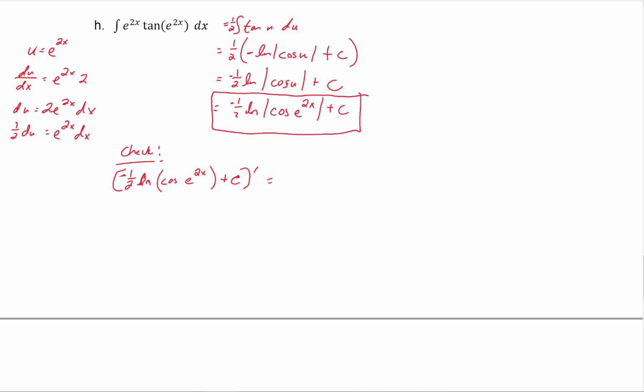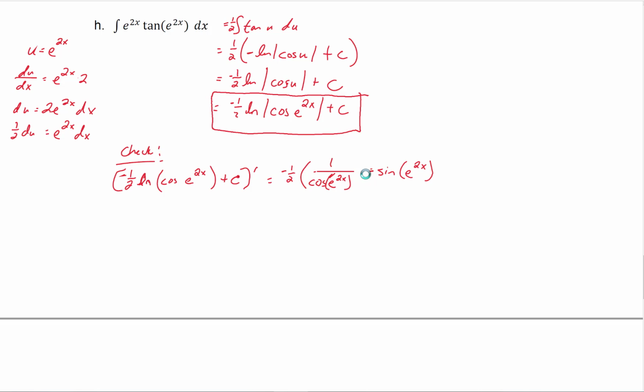So using the chain rule, this is negative 1/2 times 1 over cosine e to the 2x for the natural log of blah. Remember, the derivative of natural log of blah is 1 over blah times the derivative of the blah. So now times the derivative of cosine e to the 2x, which is going to be, derivative of cosine is negative sine. So negative sine of blah, negative sine e to the 2x.